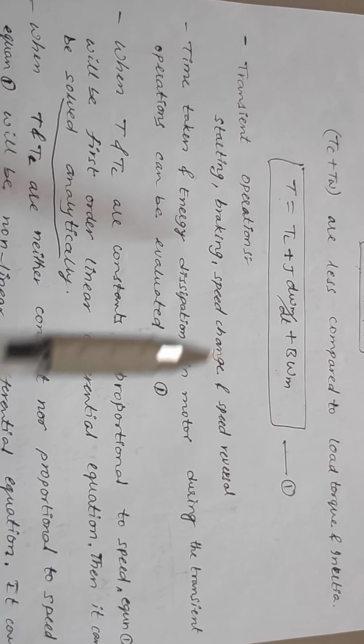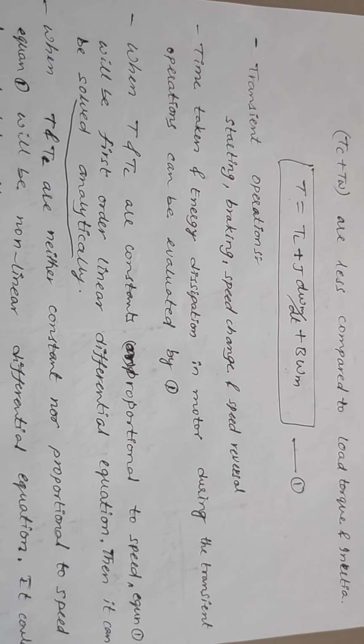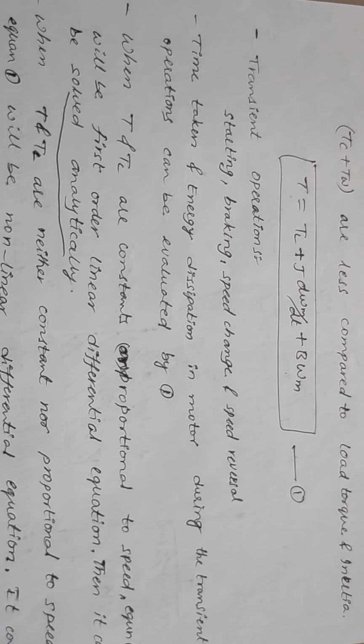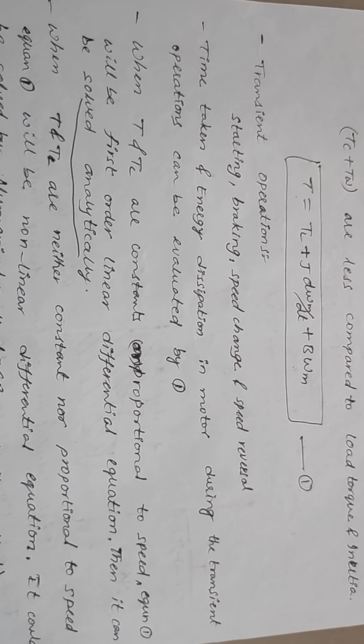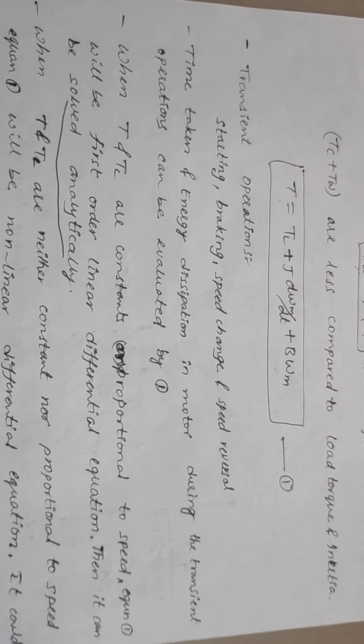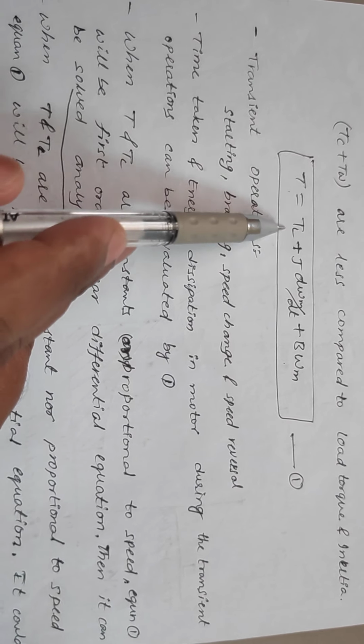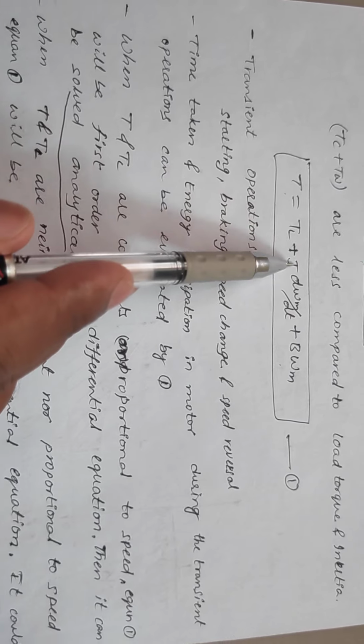Here T and TL are the motor torque and load torque. If motor torque and load torque are constants, or if they are proportional to the speed, that may be, for example, T is equal to 100 minus 0.1 omega m.